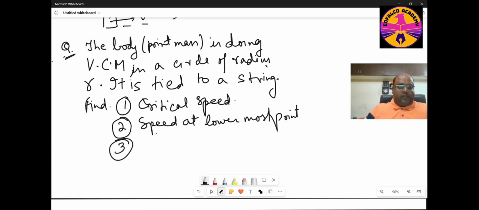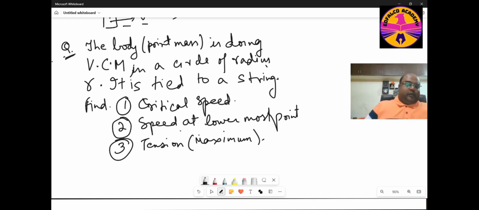And the third one, you need to find out what is the maximum tension occurring in this string. So try to solve this problem.